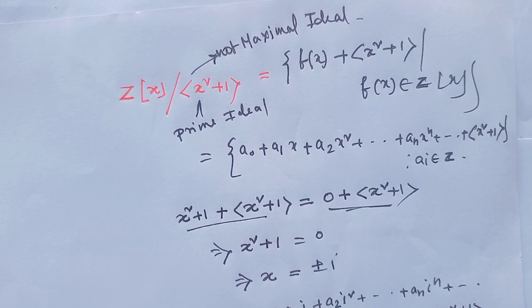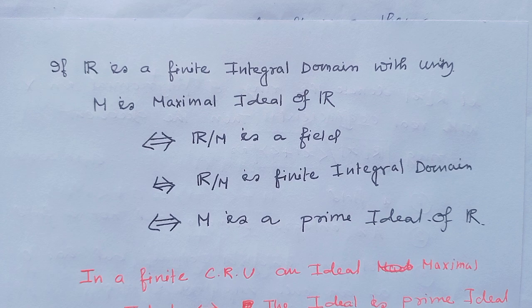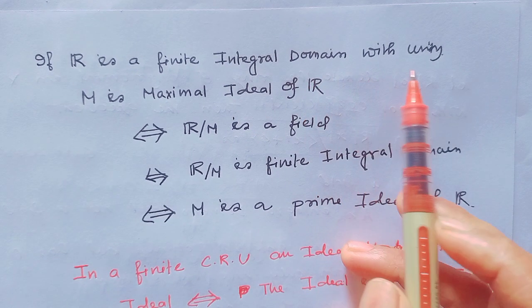But if R is a finite integral domain with unity and M is a maximal ideal, then R modulo M is always a field.